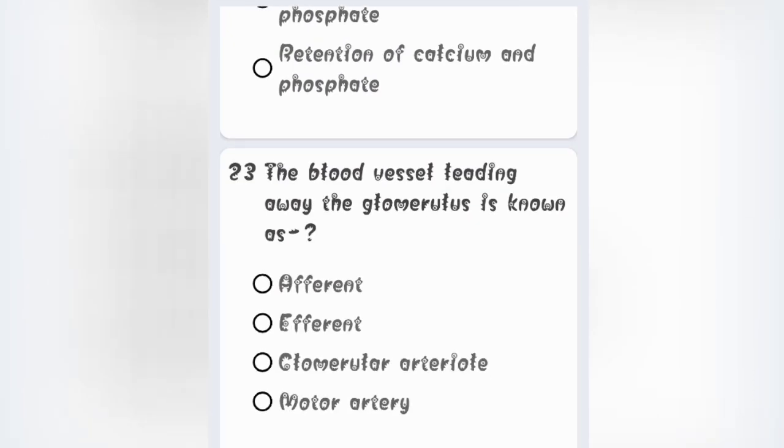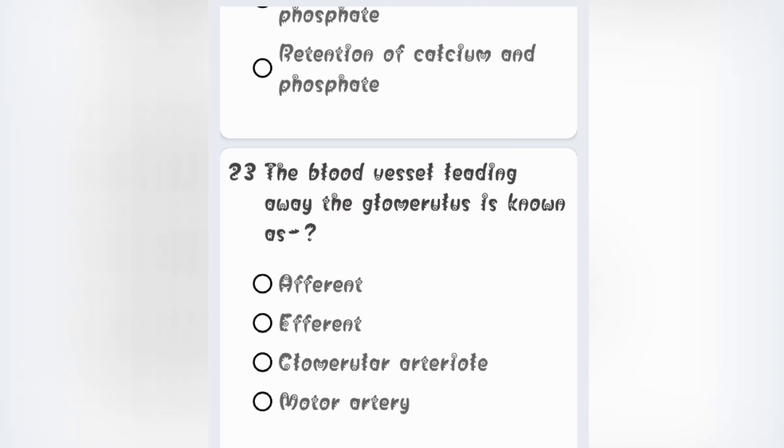Next question 23. The blood vessels leading away from the glomerulus is known as: option A, afferent, option B, efferent, option C, glomerular arteriole, and option D is motor artery.